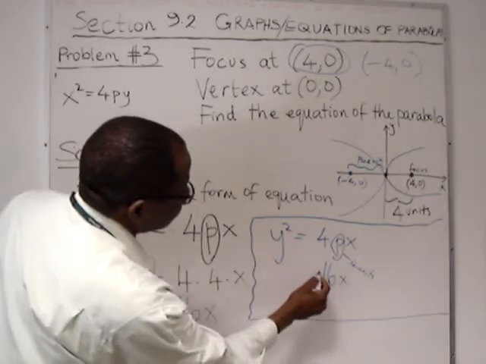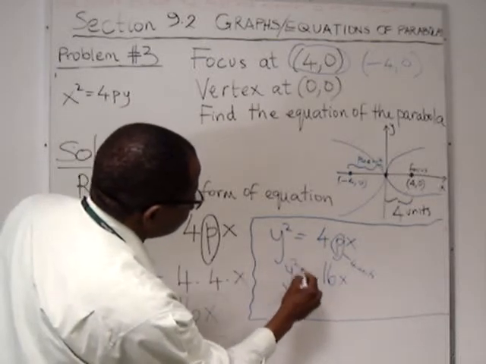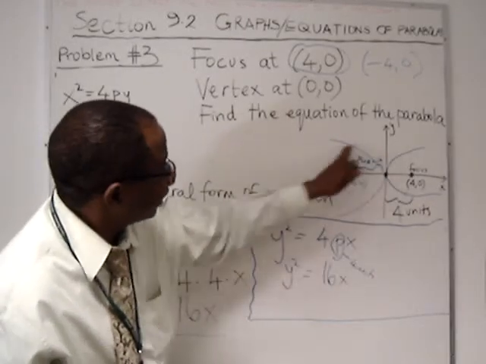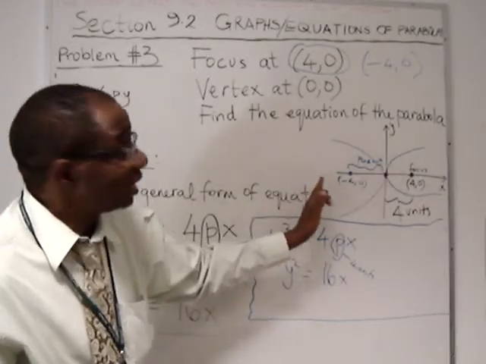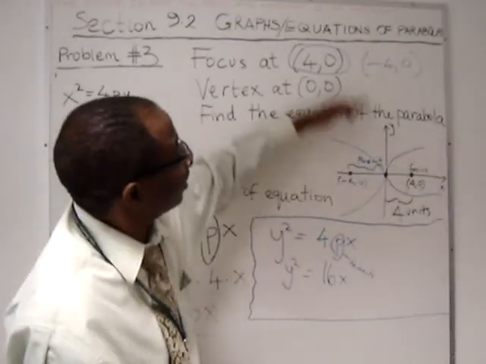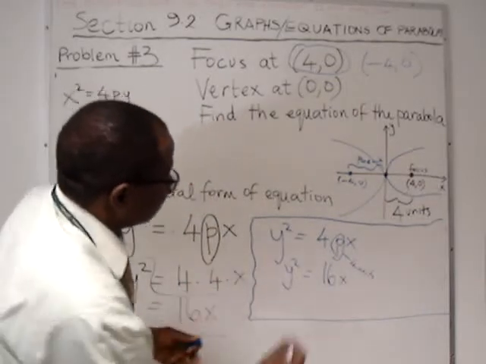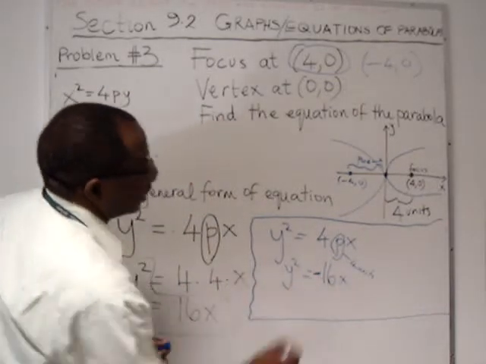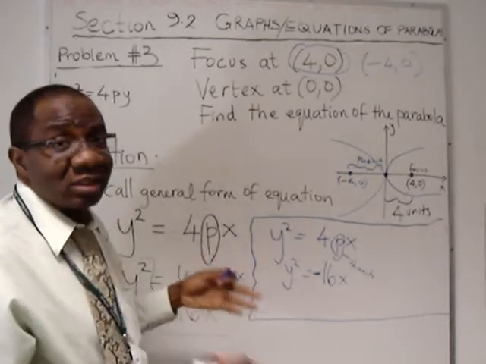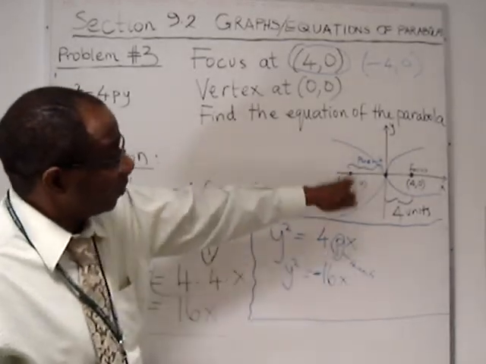But will this be a plus sign or minus sign? For that, you have to remember that when it's facing this way, it's negative. When it's facing that, it's positive. When it's facing up, it's positive. When it's facing down, it's negative. So this will be minus. I don't want you to be trying to memorize this, whether it's p or minus p, if you know what you're doing.